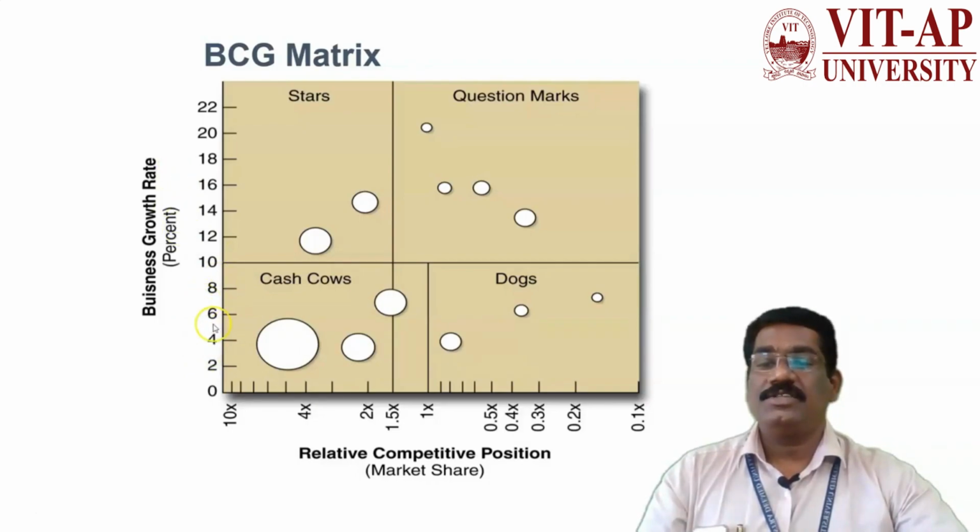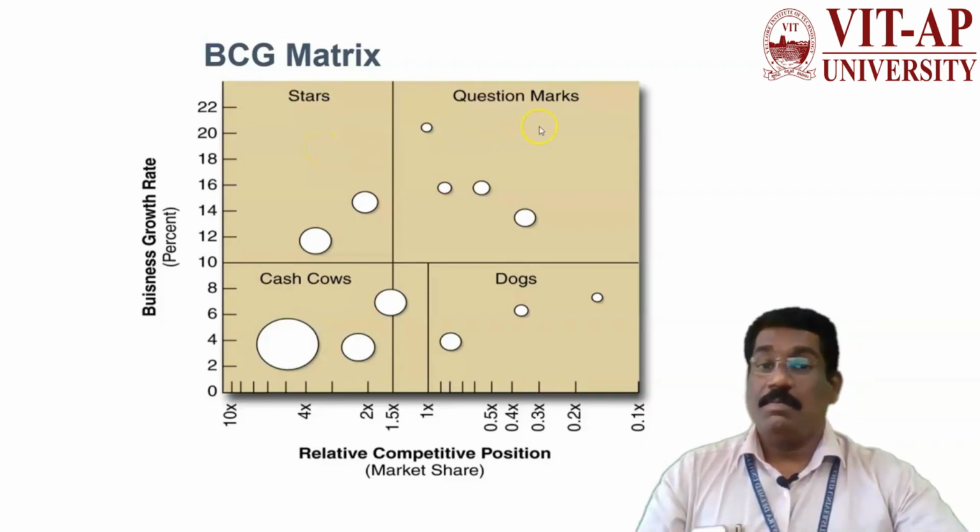So the business growth rate is low for the cash cow, but the market share is high. That's the condition here. Moving further, the star is always a superstar. Here the market share is high, and the growth rate also seems to be high. So that's a good condition for any strategic business unit.